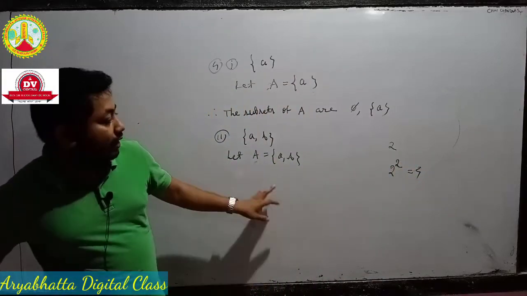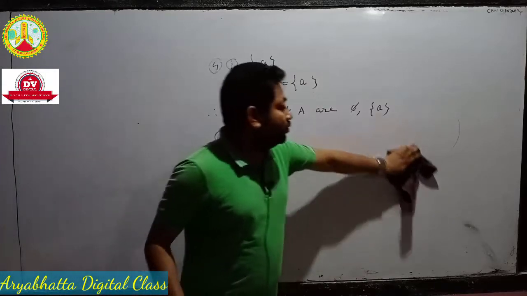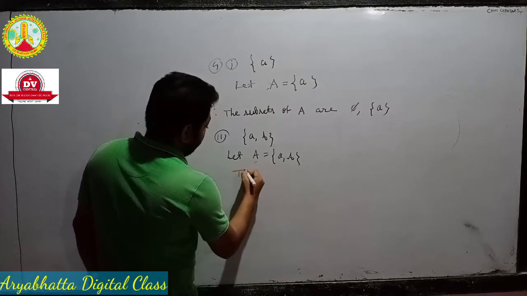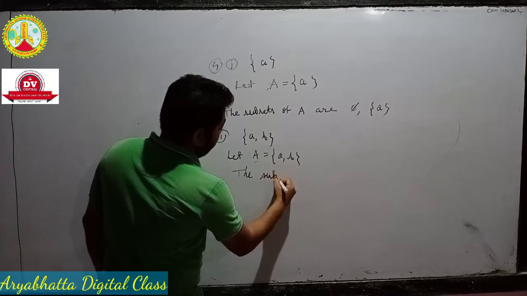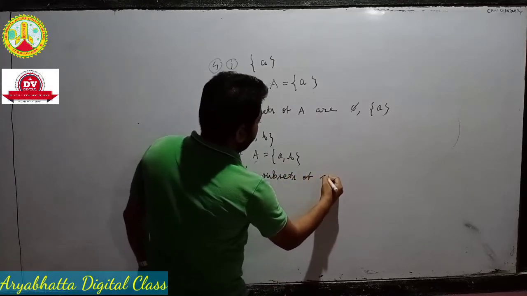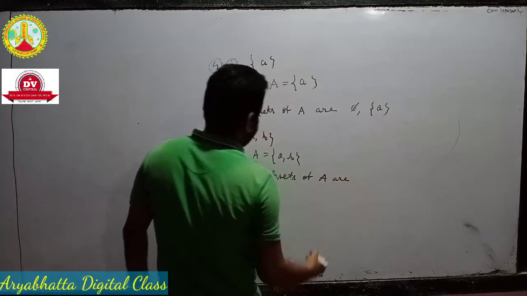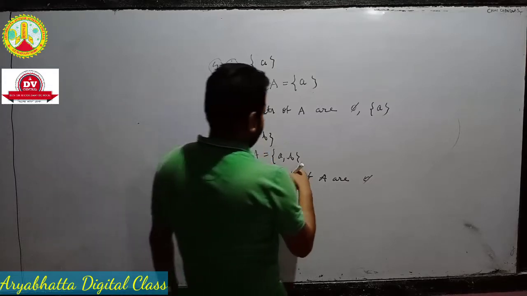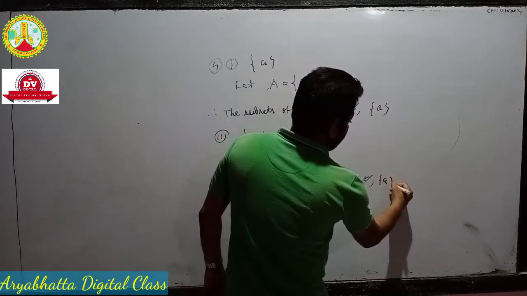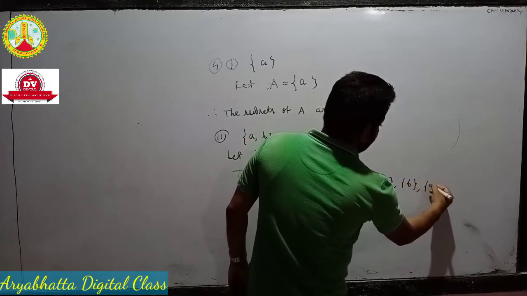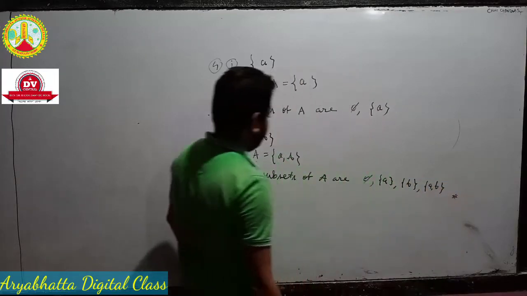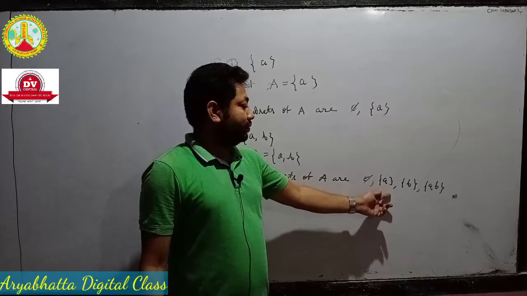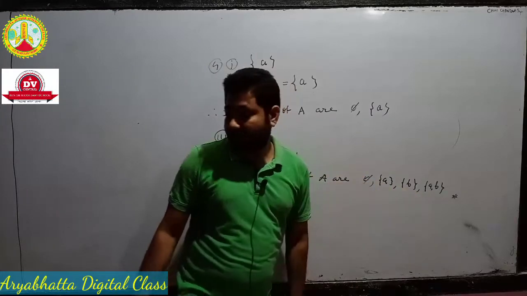Therefore, the subsets of set A are phi, since phi is a subset of all sets, {a}, {b}, and {a, b}.